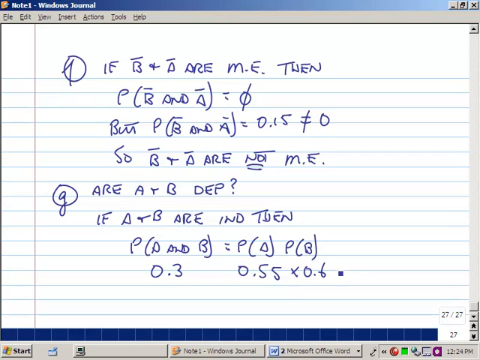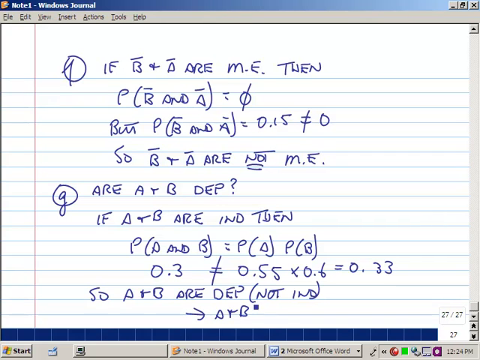Okay, which works out to be 0.33. 0.3 is not equal to 0.33, so A and B are dependent, or you can say not independent, but in this case, nicer still, you can say A and B are related.